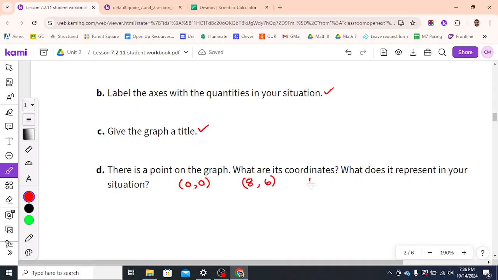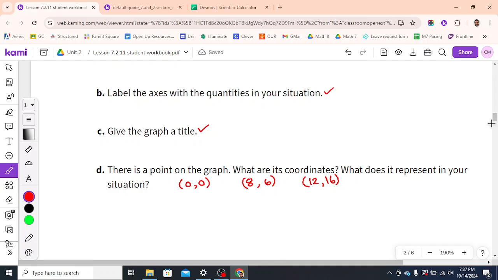And the other one was 16, 12. So for my situation again, 0 hours, 0 pay. 8 hours, $60, because remember, it represents times 10. And then 16 hours, $120.